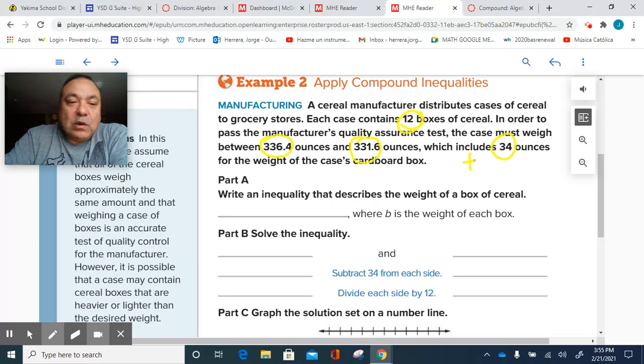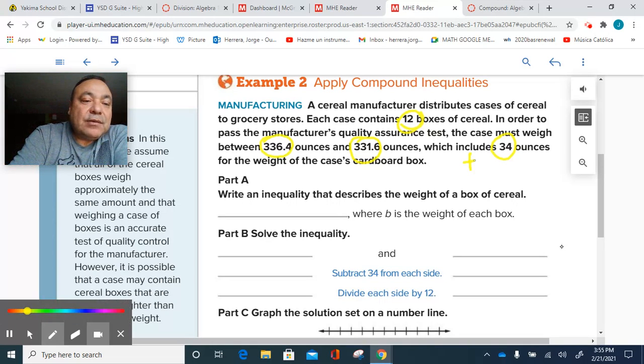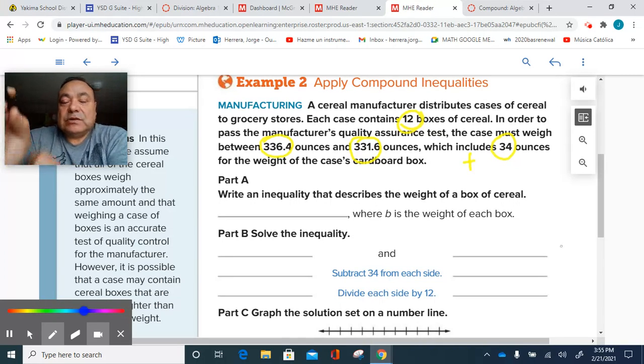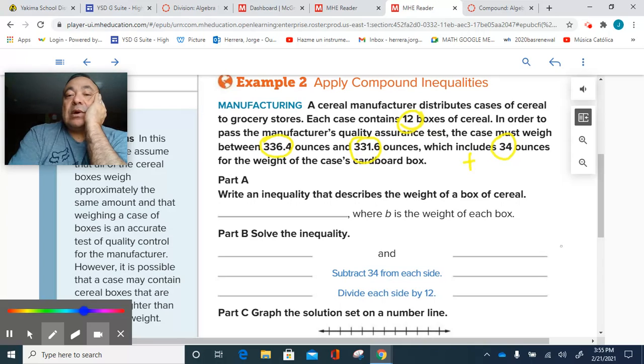The compound inequality that we're looking at here should look something like this, guys. I think it's going to be 12b, because we have to use b. So it's going to be 12b plus 34.